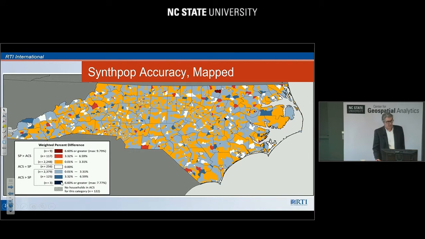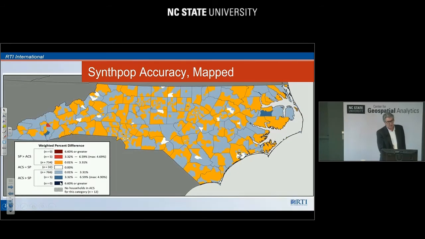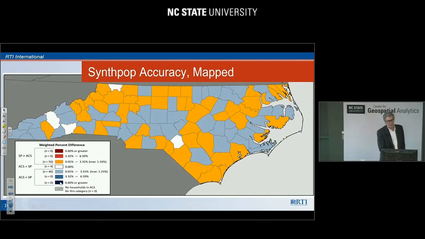And at the other end, where ACS had more than we thought, it's no more than 6% on the low side. This is by block group. This is by census tract. So there's no more deep reds and deep blues. So when you aggregate up with more numbers, you're going to get better estimates. And this is at the county level.